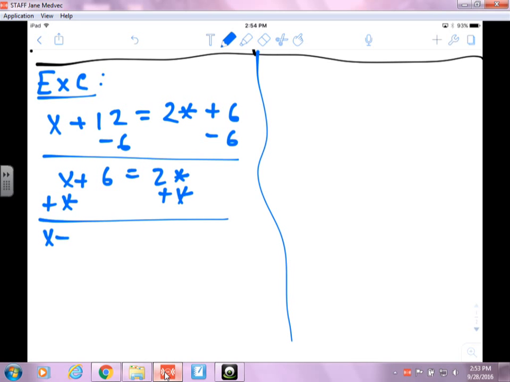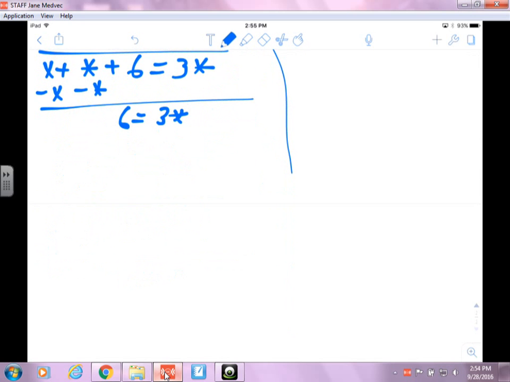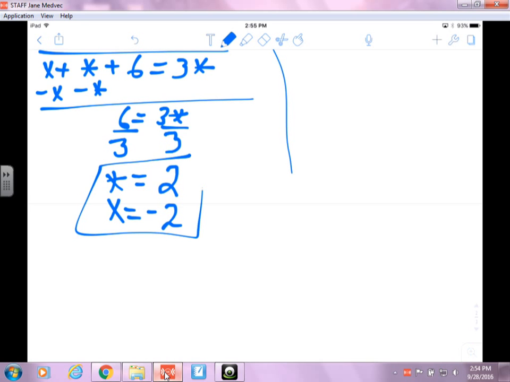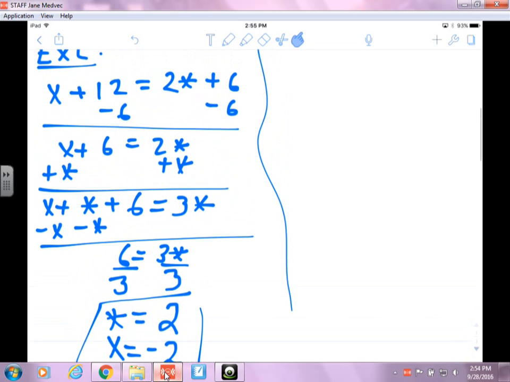Okay, so x plus star plus 6 equals 3 star. Minus x minus star, 6 equals 3 star. Okay, now what do I do here? Yep, this is another step that kids are forgetting. So star equals 2, x equals negative 2. Excellent.